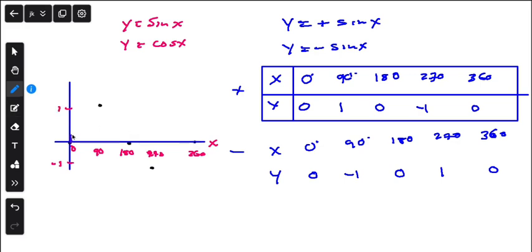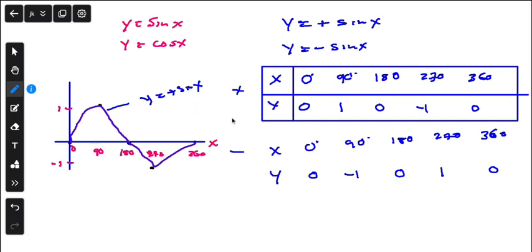So here I can just draw a curve which is going to look something like this. And that is our curve. So now from here we can just say this is y being equal to positive sine x.